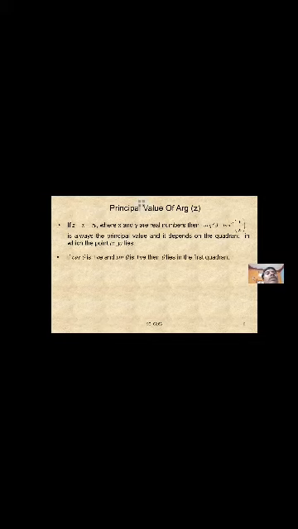If cos theta is positive and sin theta is positive, then theta lies in the first quadrant. If cos theta is negative and sin theta is positive, then theta lies in the second quadrant.